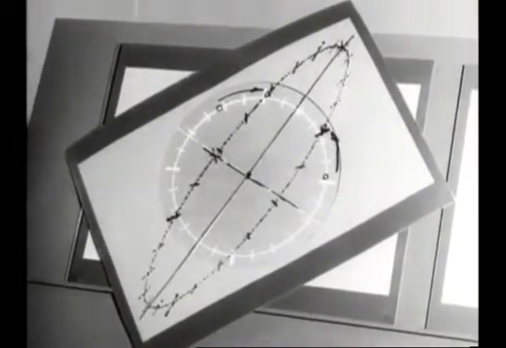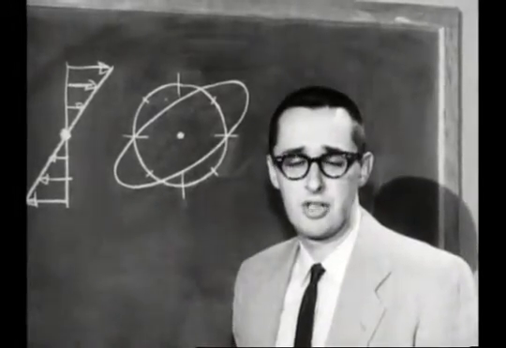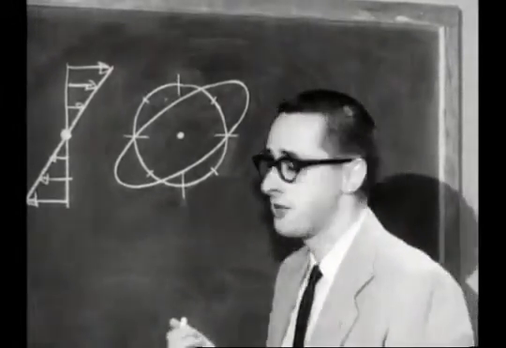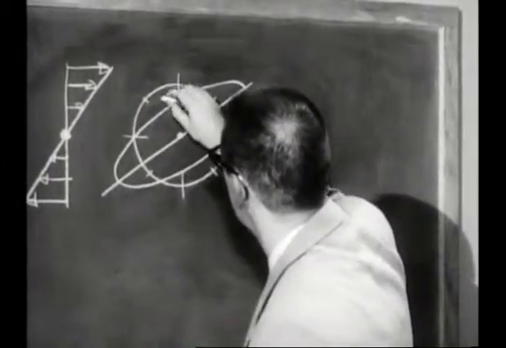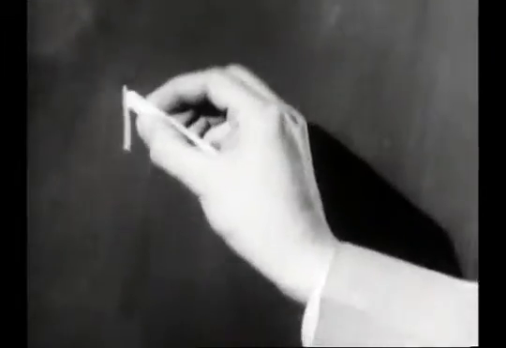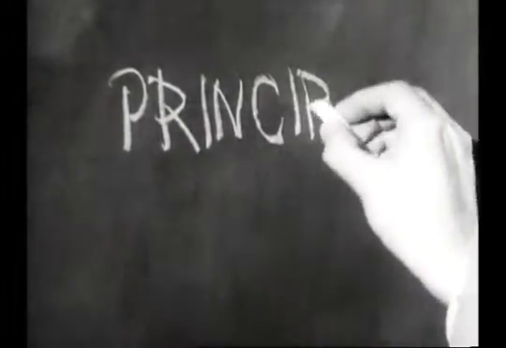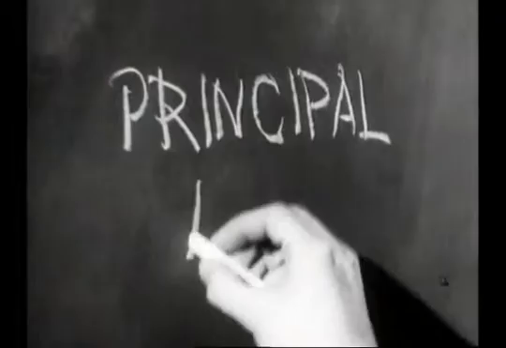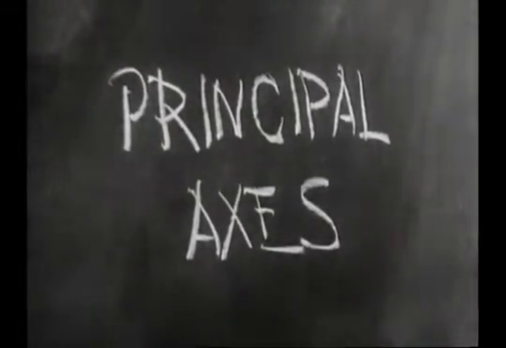It appears that practically by accident we've found what seems an ideal way to represent the rotation of our figure as a whole by specifying the angle through which this special set of axes has rotated. These axes are called the principal axes. We're going to find that these principal axes form the basis for our whole understanding of deformation.